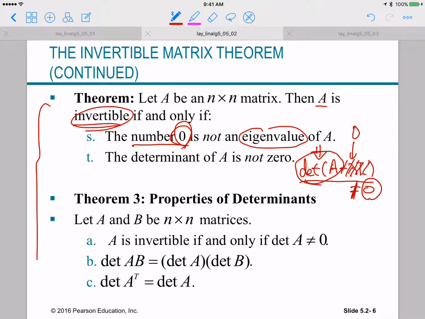The same thing is described by the determinant of A not being 0.